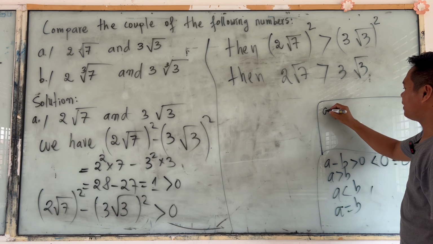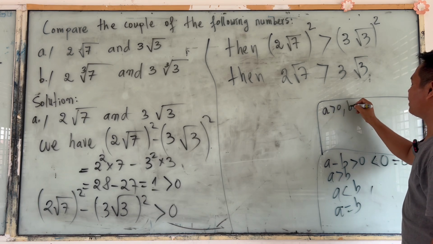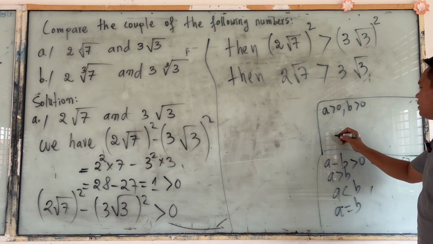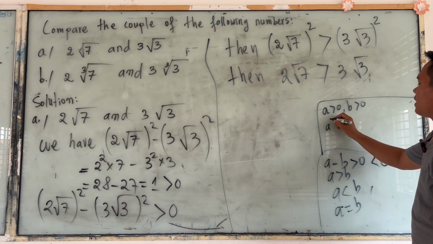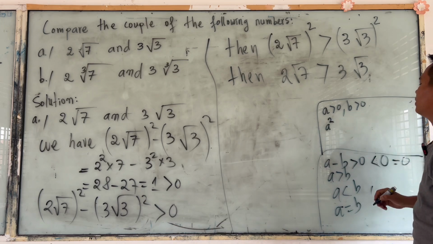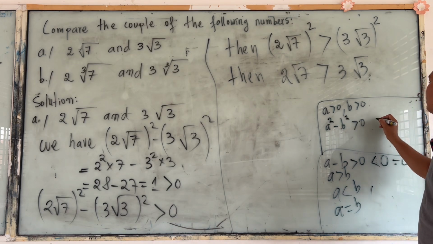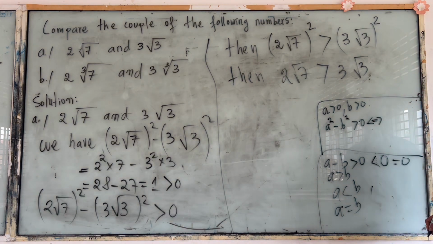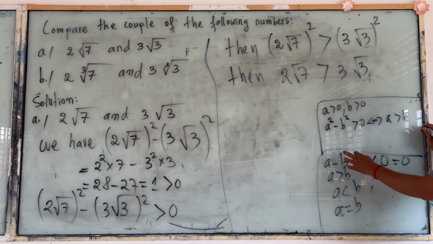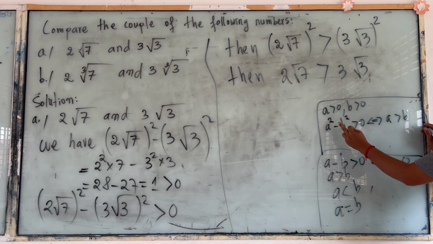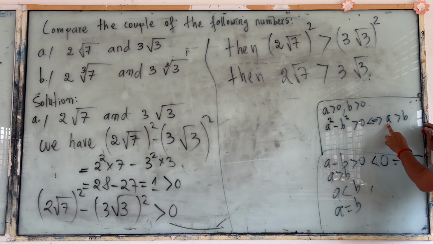For A greater than 0 and B greater than 0, we can say that A power 2 minus B power 2 is greater than 0 is equivalent to A greater than B. If A and B are greater than 0 and A square minus B square is greater than 0, you can get A greater than B. In the reverse direction, if A is greater than B, you get A square minus B square greater than 0 also.